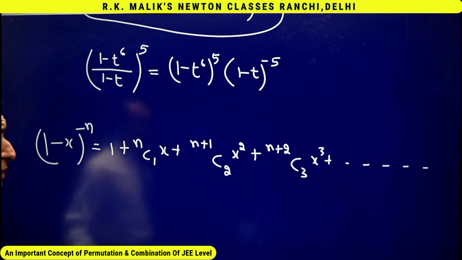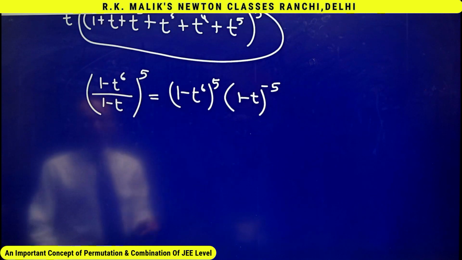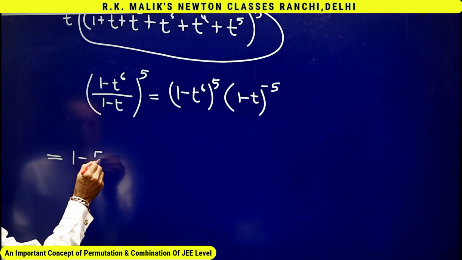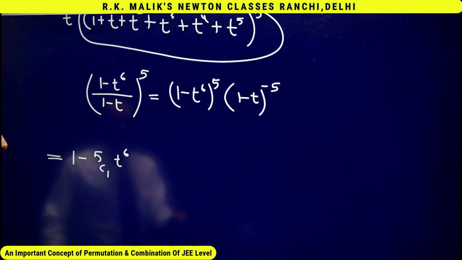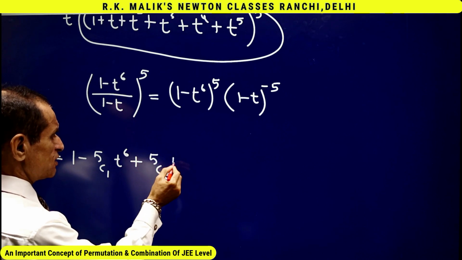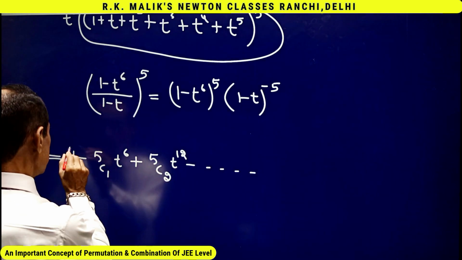If you don't know, remember this formula. And now, keeping this formula in mind, I write it as 1 minus 5C1 t to the power 6 plus 5C2 t to the power 12 minus and so on.